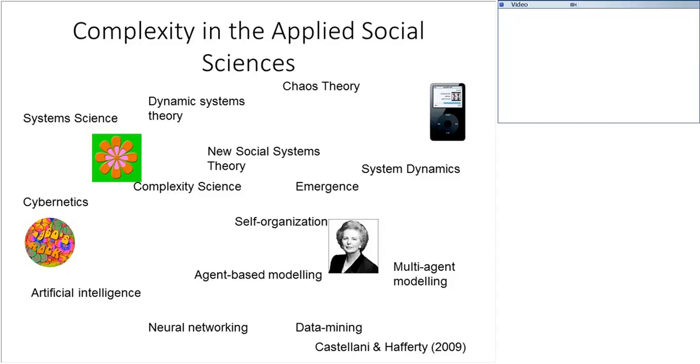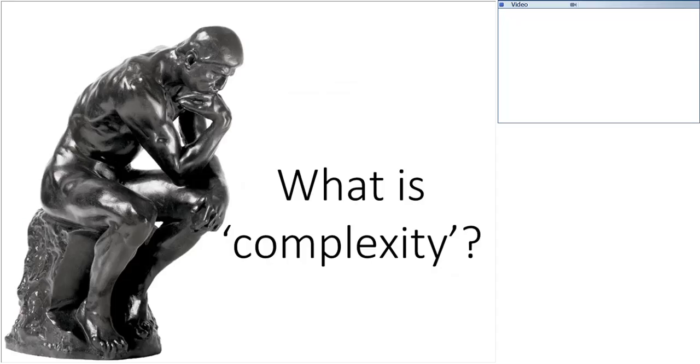Moving forward into the 1970s, it was used in dynamic systems theory and social systems theory, agent-based modeling and neural networking. Through the 80s, having expression as an adjunct to chaos theory, incorporated in sociological concepts of emergence and data mining, through more recent research movements focusing on system dynamics and multi-agent modeling. So whilst complexity thinking seems new, it's actually been well established for 50 or 60 years in the social sciences.